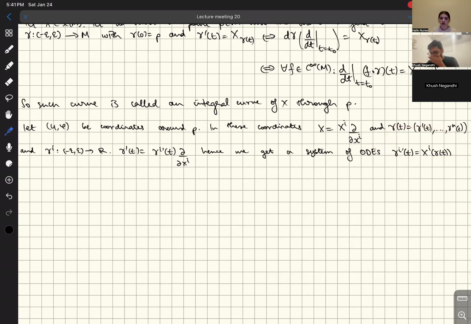By Picard-Lindelof, we know that the solution must exist in some small neighborhood of P. Basically, Picard-Lindelof is just saying that we have an integral curve through the point P, and the existence is given by some epsilon. And this epsilon will work in this entire neighborhood.